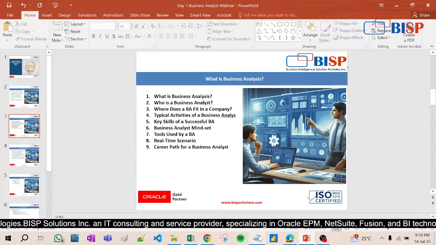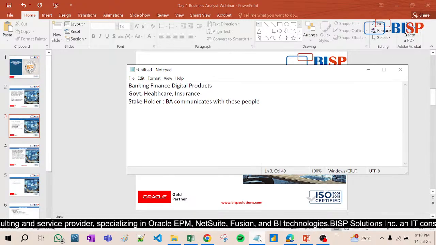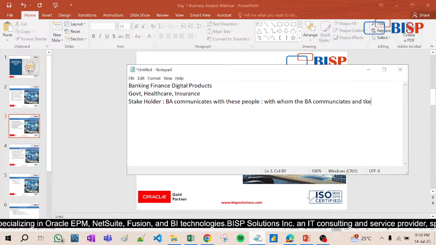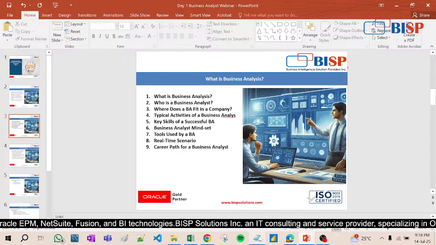So these are the two stakeholders. Stakeholder means the person with whom the BA communicates and takes the requirements, that's it. So this is what the people are called, the stakeholders.